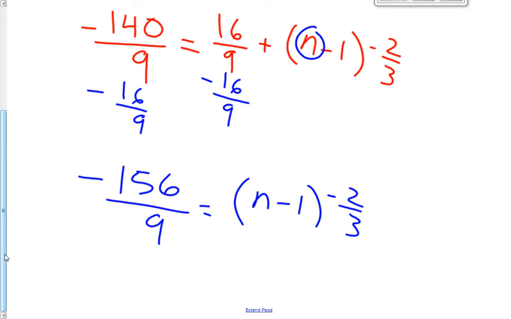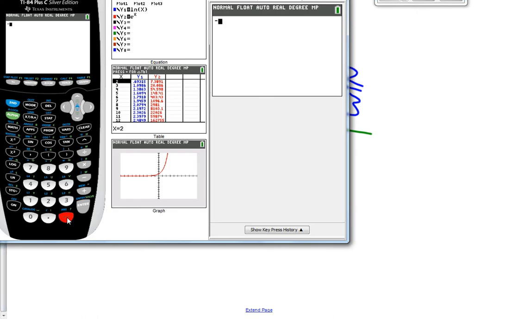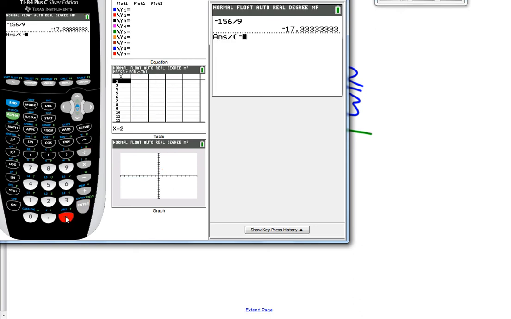So now let's get rid of the negative 2/3. I get rid of that by dividing by a negative 2/3. Let's put this in our calculator. A negative 156/9, and then I have to divide that by a negative 2/3.